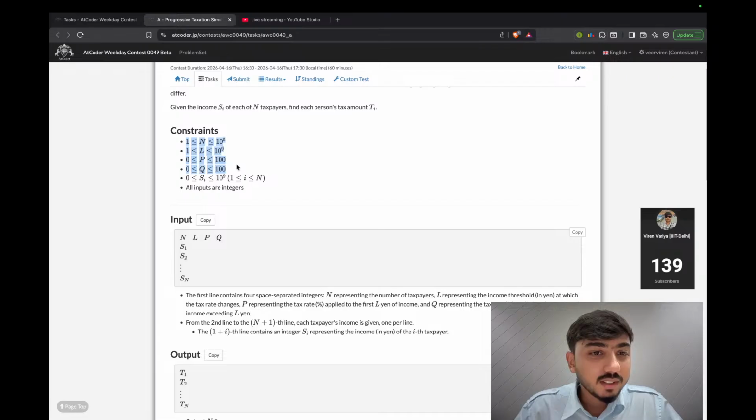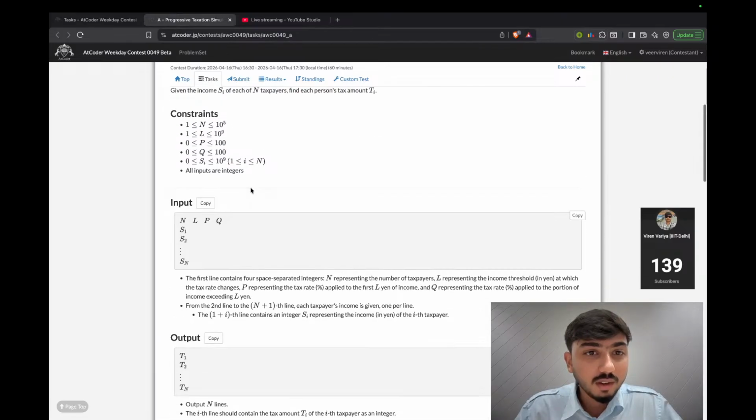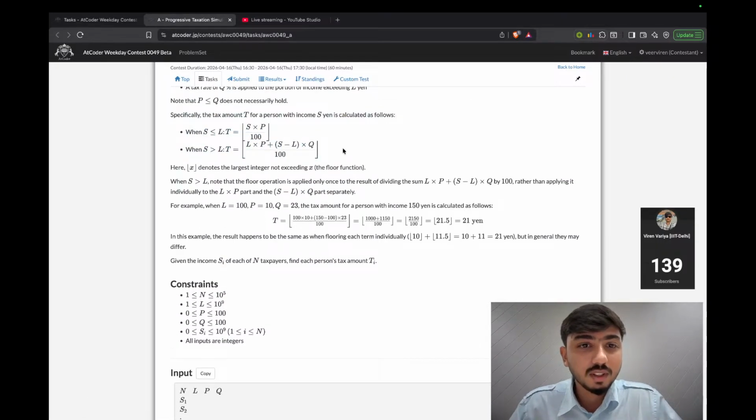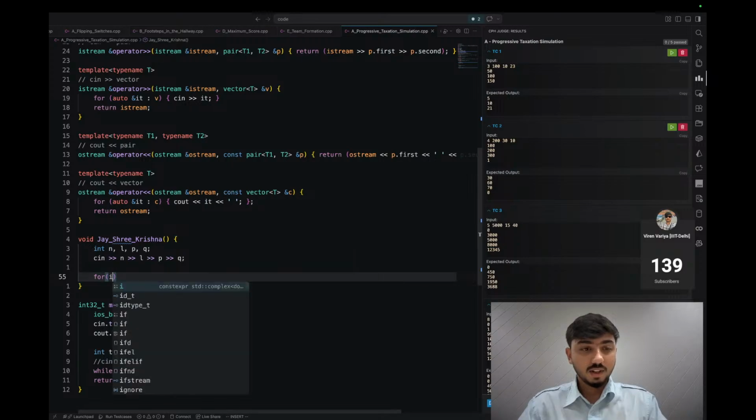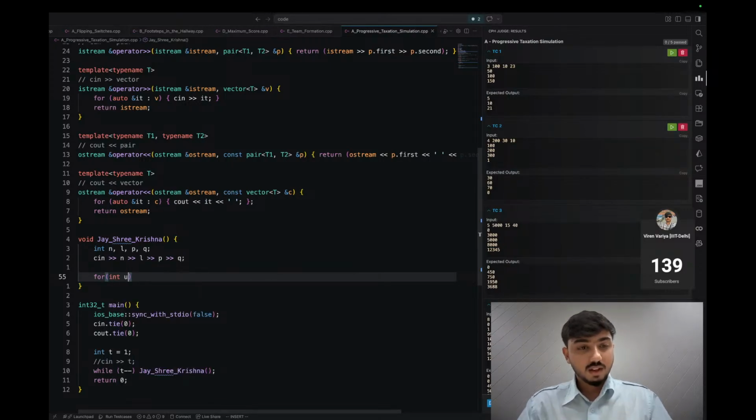So yeah, we have to just code this formula. We take the input. Can I open the live stream here? Then I can see the chats live. Wait a minute, let me open the stream here also. Switch account.